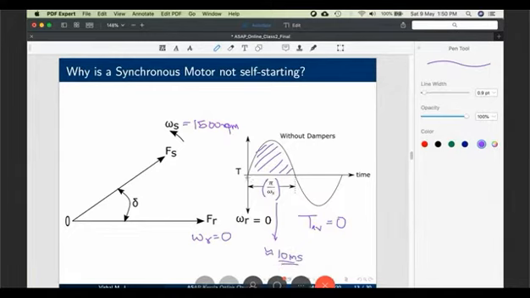So the rotor experiences a positive torque for 10 milliseconds, then an equal and opposite negative torque for the next 10 milliseconds, and the cycle continues.